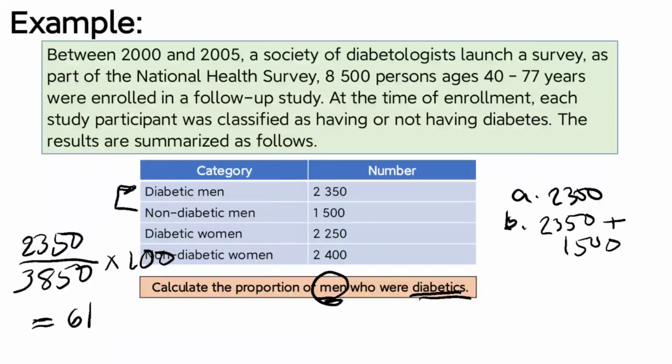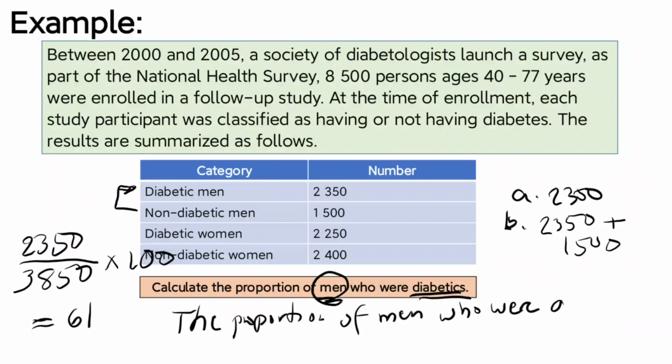So basically, since your answer should be in a sentence format, you will say, the proportion of men who were diabetics is 61%. Okay? Sir, why is there a percent?